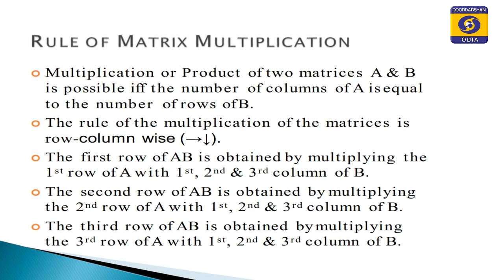The first row of the product matrix AB is obtained by multiplying the first row of A with the first, second and third columns of B. Similarly, the second row of AB is obtained by multiplying the second row with the first, second, third columns of B, and the third row with the first, second, third columns of B.